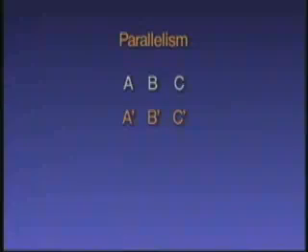A parallel couplet would be two lines where the order of the events or the words is in one sequence and then repeated in the same order the second time. This would be a form of direct parallelism. A chiasm, and by the way, the word chiasm comes from the Greek letter chi, which many of you know looks like an X, and it represents a kind of crisscrossing.